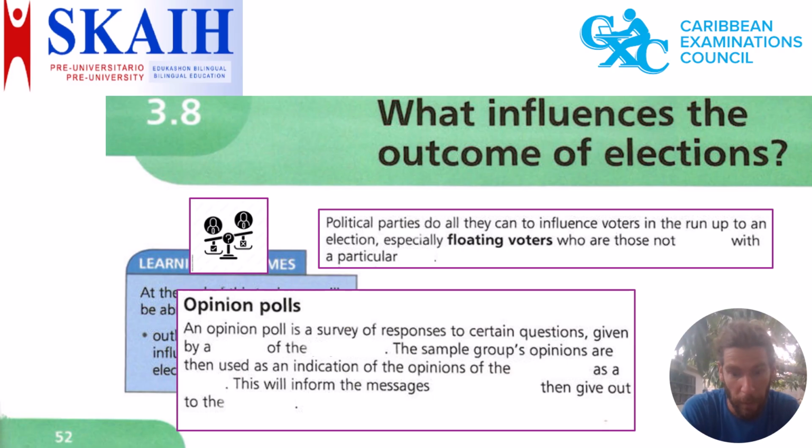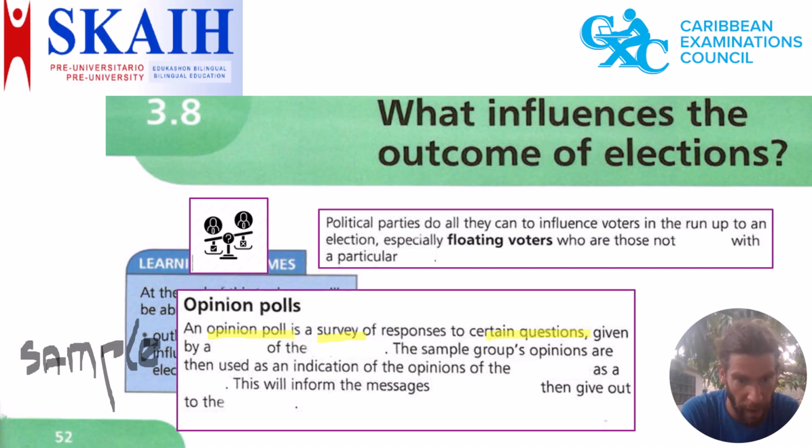An opinion poll is a survey. They ask people who they're going to vote for, or certain questions, given to a sample of the electorate. A sample, not the whole electorate, but one that represents the whole electorate.